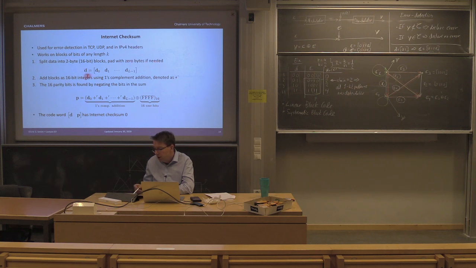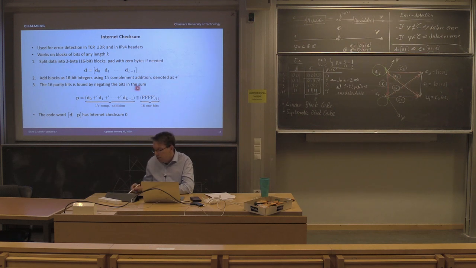So then we have D, and we divide it into 2-byte blocks. Then we add these blocks as 16-bit integers using ones' complement addition. I will explain what that means later. We denote that with a plus with an apostrophe, so plus tick.